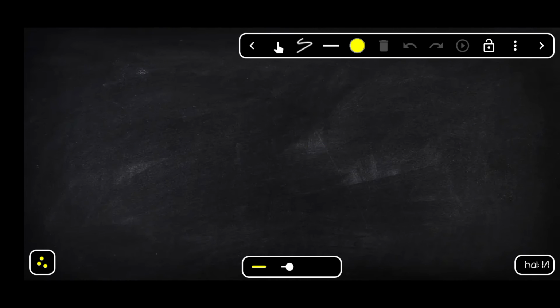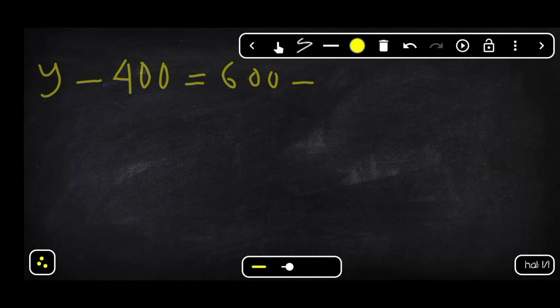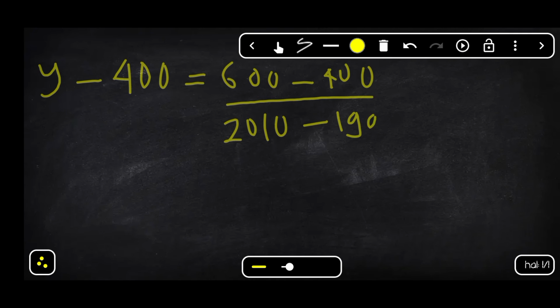Okay, so next we can add the components again. Now we write y minus 400 equals y2, which is 600, minus y1, which is 400, divided by x2, which is 2010, minus 1990, times x minus 1990.